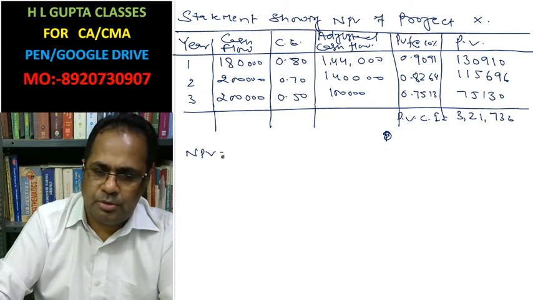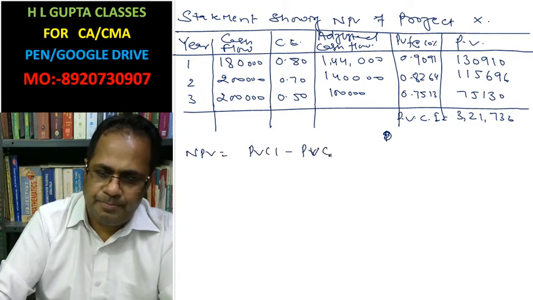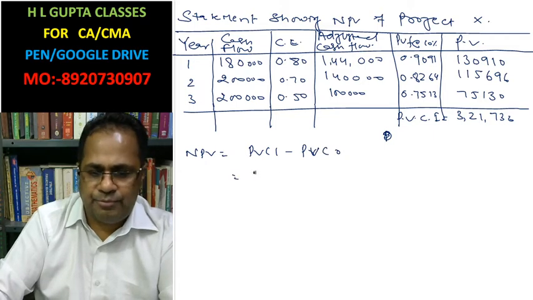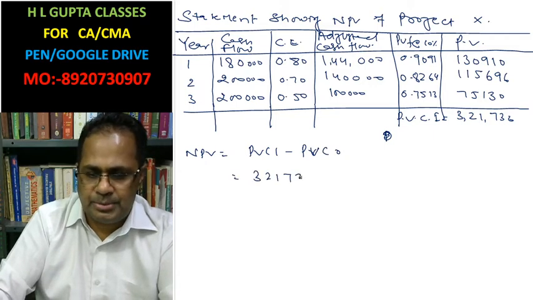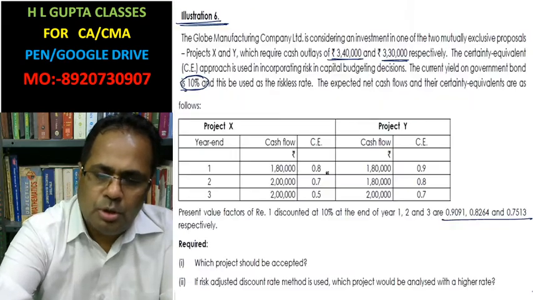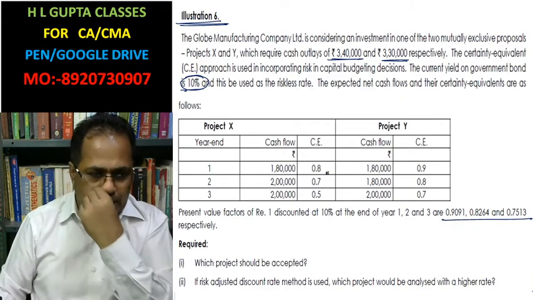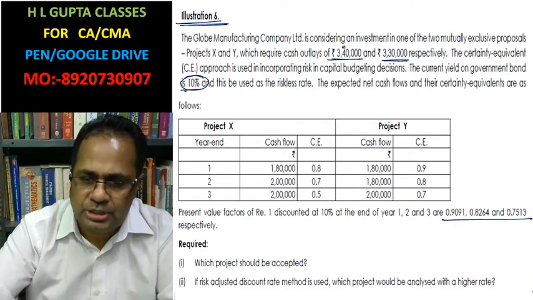Now we calculate net present value. Net present value equals present value of cash inflow minus present value of cash outflow. Inflow 3,21,736. Outflow for project X is 3,40,000.